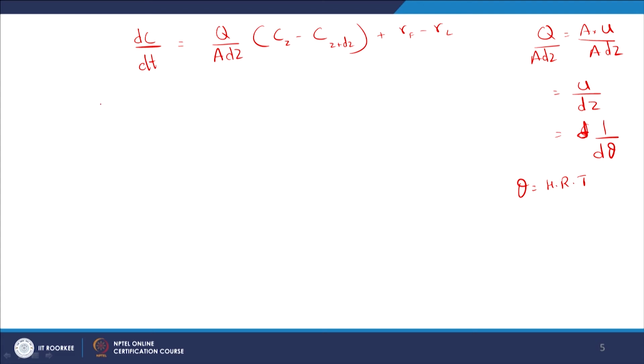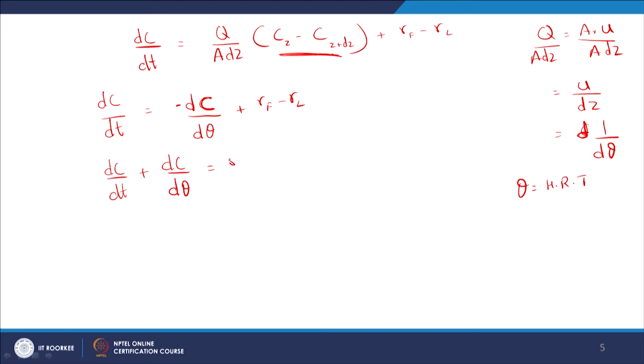And so, this transforms to dc by dt equal to minus dc by d theta plus rate of formation minus rate of loss, right. And so, dc by dt plus dc by d theta is equal to rate of formation minus rate of loss, right.